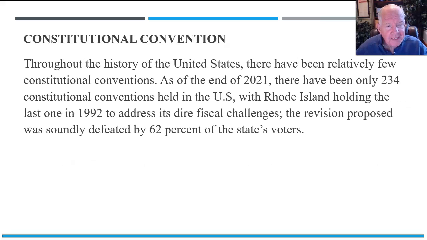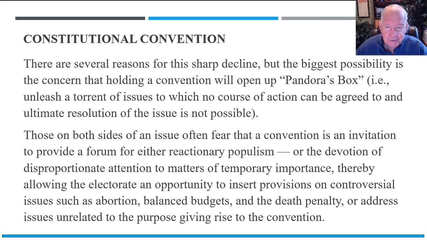Throughout the history of the United States, there have been relatively few constitutional conventions. As of the end of 2021, there have only been 234 constitutional conventions held in the U.S., with Rhode Island holding the last one in 1992 to address its dire fiscal challenges. The revision proposed was soundly defeated by 62% of the state's voters.